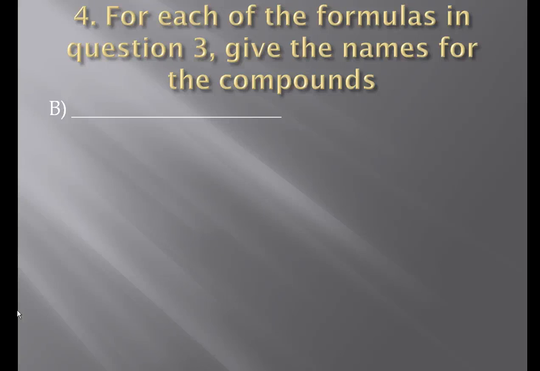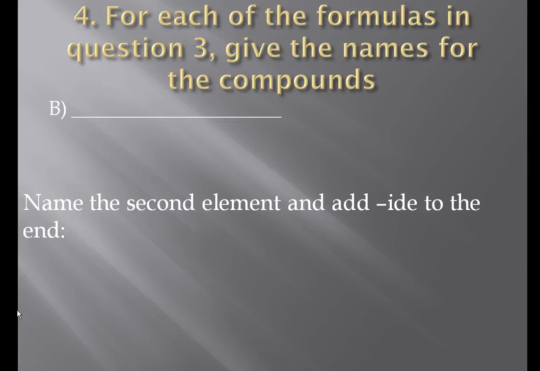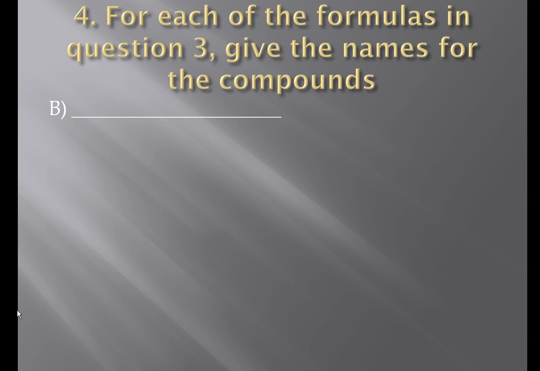Okay, so now for those 2 questions that we just did, we're going to write the names of those compounds. So for the first one, we name the first element, which is aluminum. Then we name the second element and add an "-ide" ending to it, since it's ionic, so we get chloride.